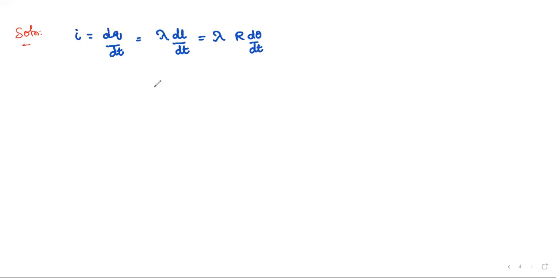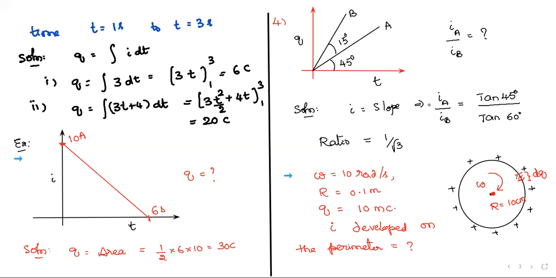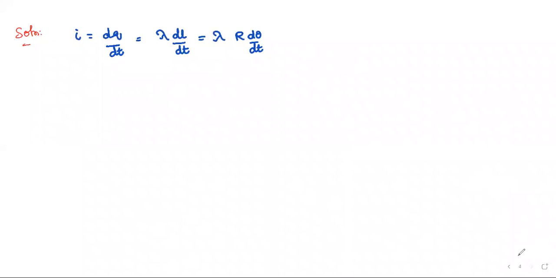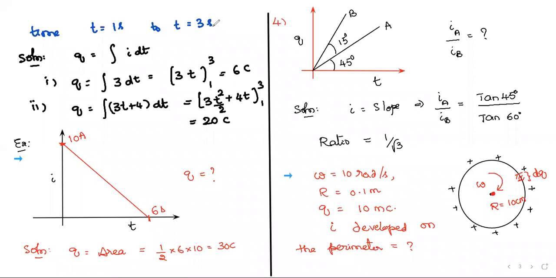Are you able to follow my steps? Dq for how much length? The length is dl here. dl is r d theta.